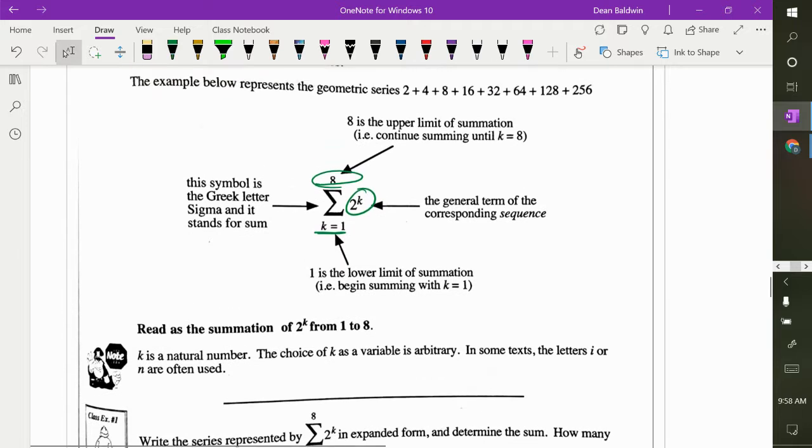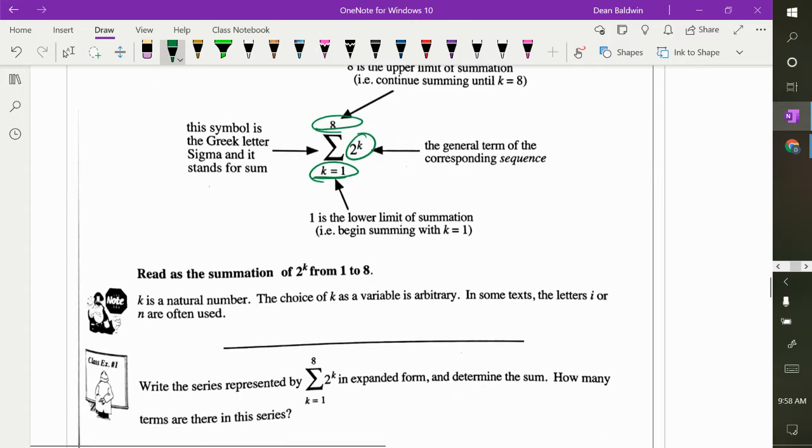They all have to be whole numbers. All the k values, sometimes it'll be called an i or n, the variables are relevant, but these are all natural numbers. They're always whole numbers. They're never negative.